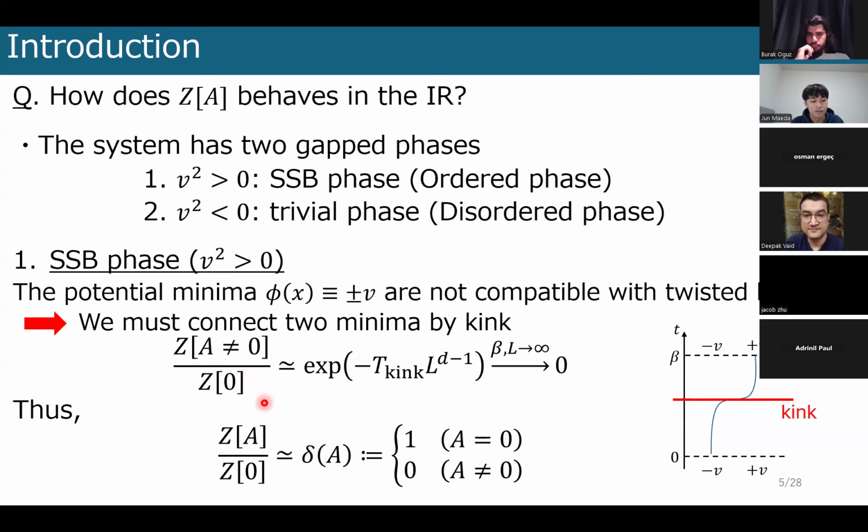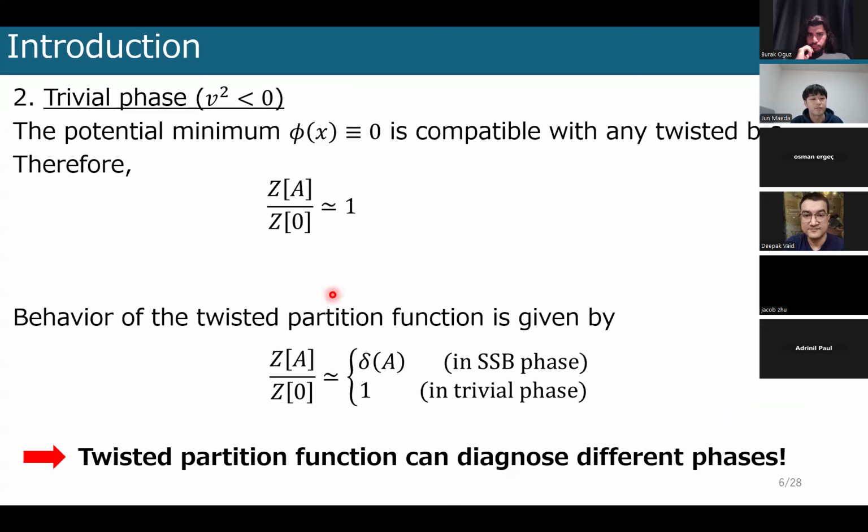To summarize, the ratio of the twisted partition function behaves like a delta function of A in the SSB phase. Here the delta function is defined by this equation: for A equals 0, it takes value 1, and otherwise it takes value 0. So this is the behavior in the SSB phase. Then what about the trivial phase?